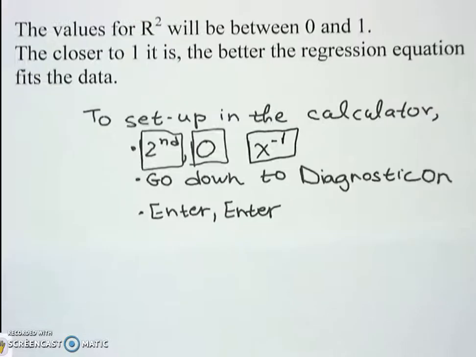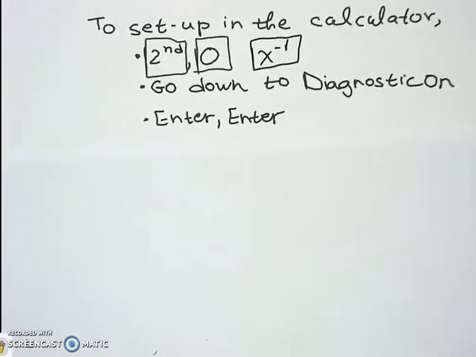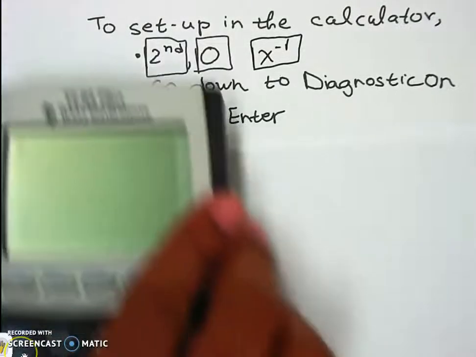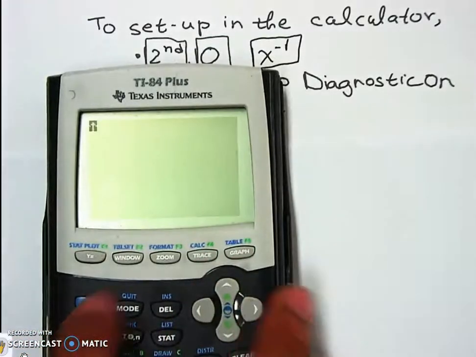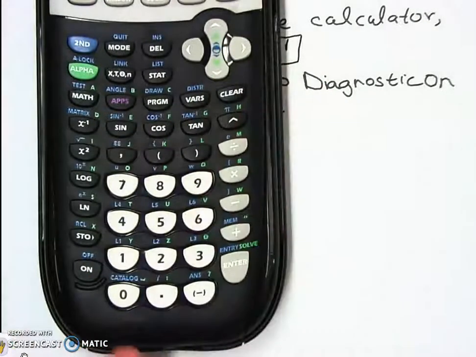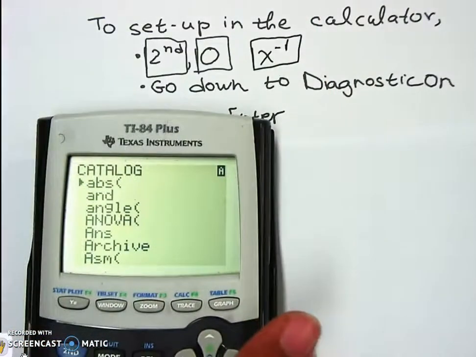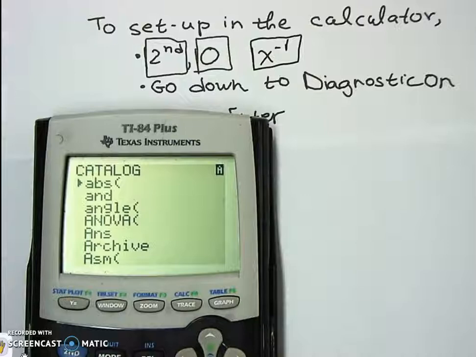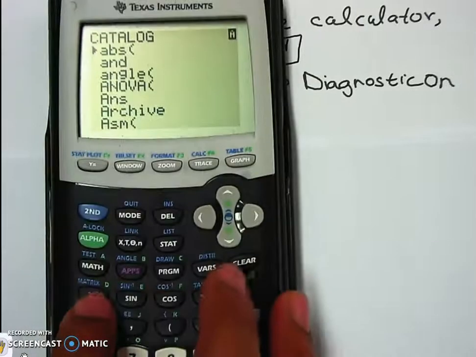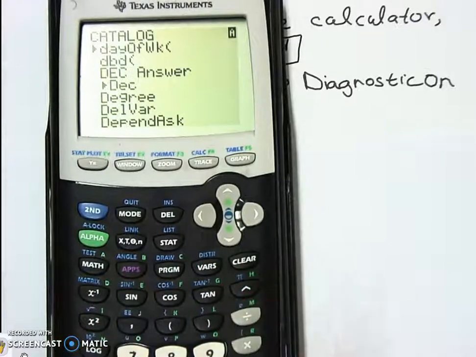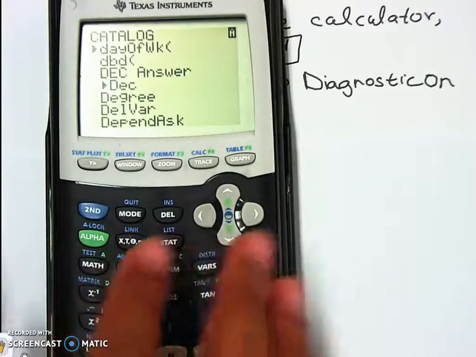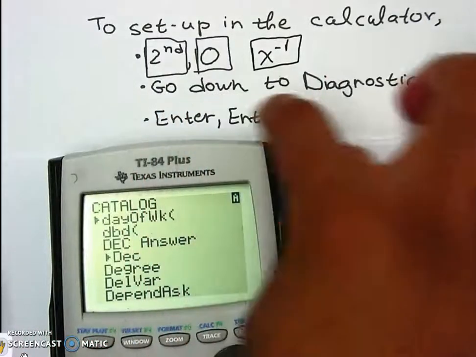All right, so let's go ahead and do this in the calculator now. We're going to hit the second button, the blue button. We're going to hit the number 0, not the letter, but the number 0. And it should bring you up to this. So everybody should be there. And then we're going to hit x to the negative 1. So this button, the x to the negative 1 button, takes us straight down to the D words, because we need those so we can get down to diagnostic on.